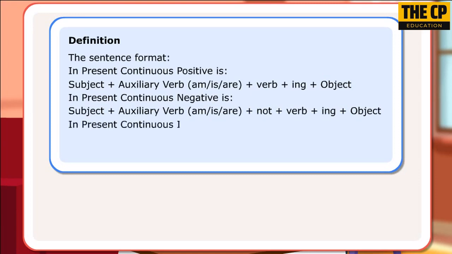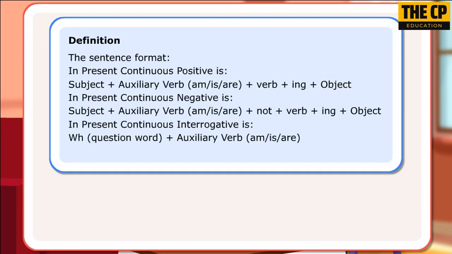In the present continuous interrogative is WH question word plus auxiliary verb am, is or are plus you plus verb plus ing plus object. Let us look at these sentences.